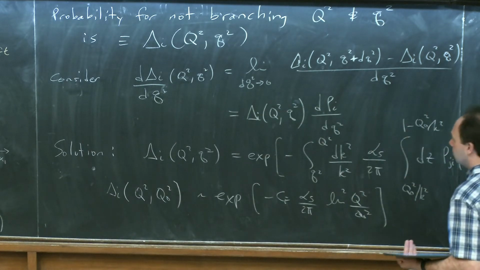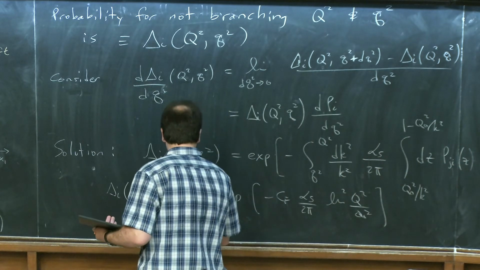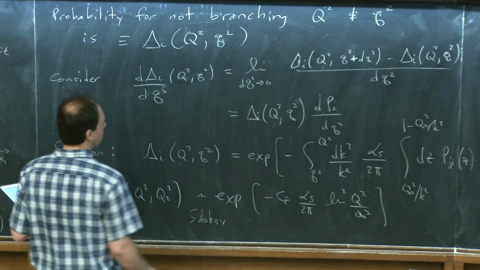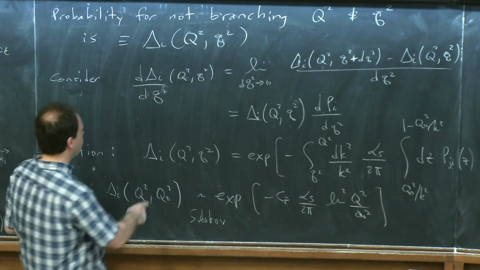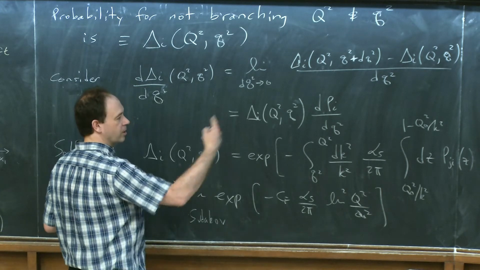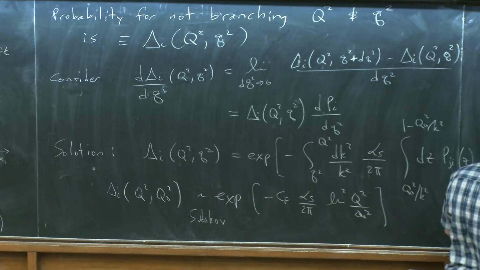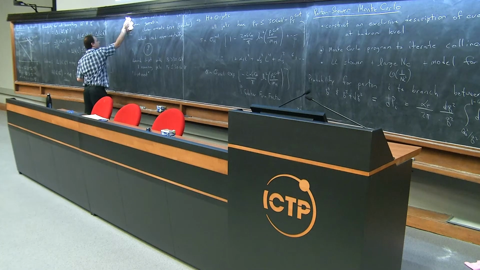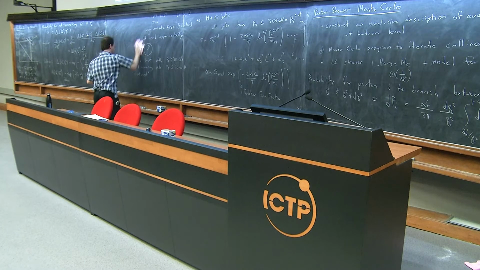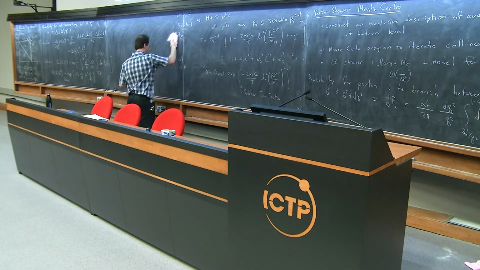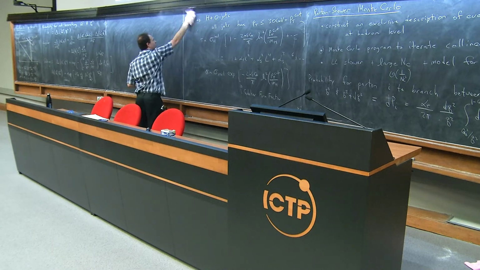They're very generic. But this thing is more differential because it acts between q squared and this little q squared, and I can consider not branching between q squared and little q squared and then having a branching and then consider not branching again. So these are the two pieces that are the key ingredients in the algorithm. And then there are lots of details of how you set up the algorithm.